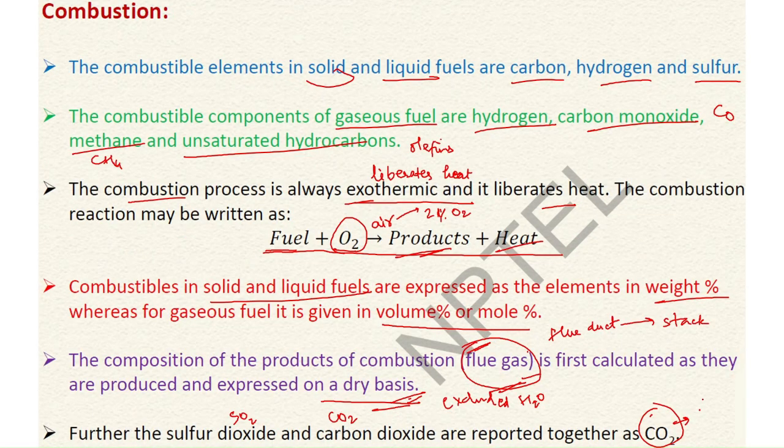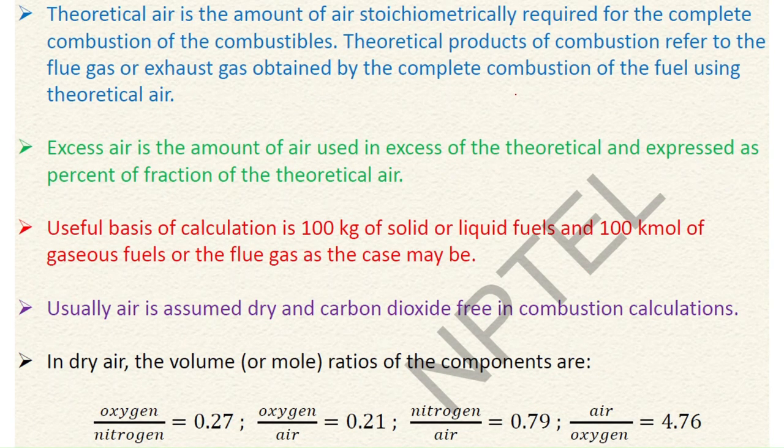Coming on to theoretical air, for combustion, oxygen is the requirement, but it is possible that we take pure oxygen, or it is also possible that we take air. But in air, as we know, the components are oxygen 21%, nitrogen 79%, along with traces of many other elements.